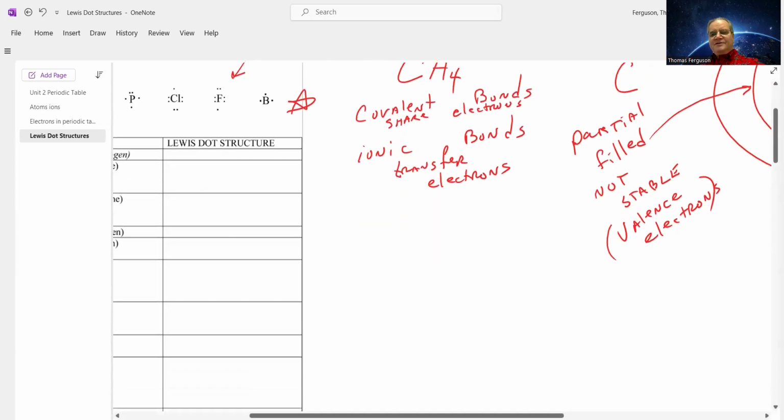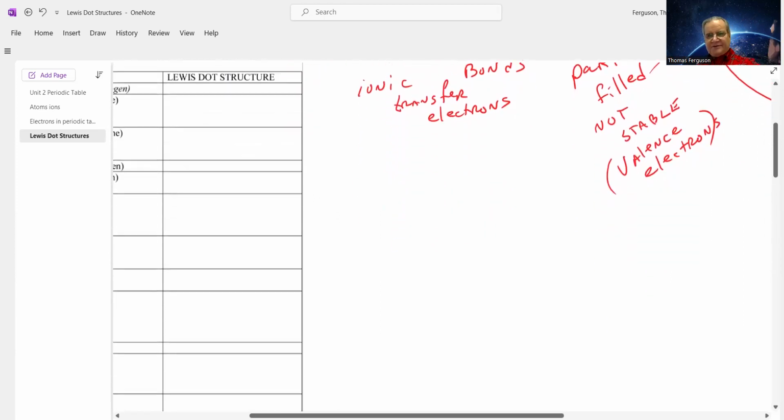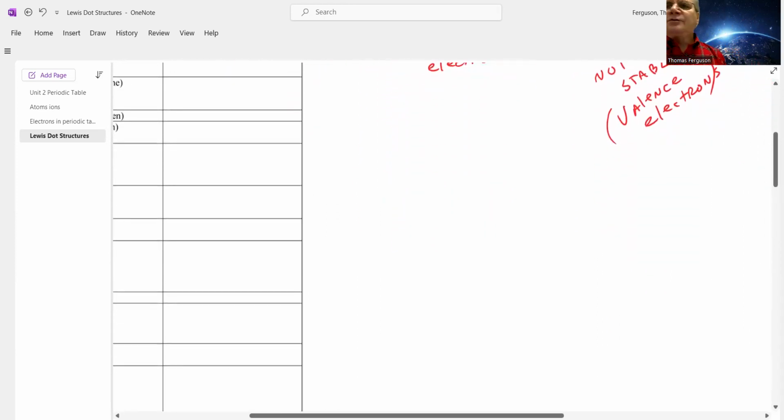Okay, so the first thing is, we've got 1 carbon, 4 hydrogens. All right, first rule is, excluding hydrogen or halogens, start by putting the atom with the most singletons in the center and arrange the other atoms around it. Okay, so between carbon and hydrogen, which has the most singletons?